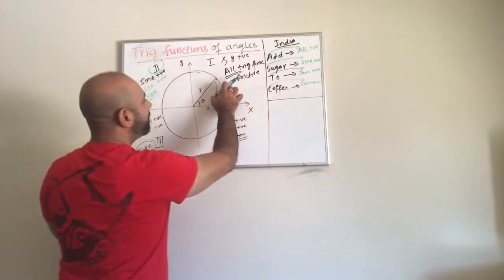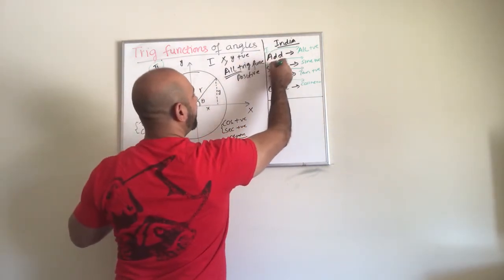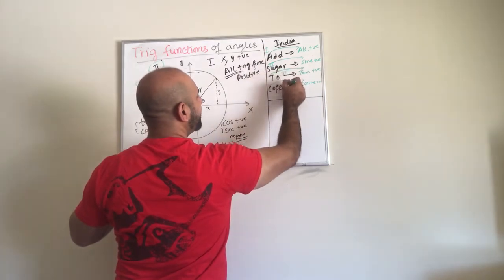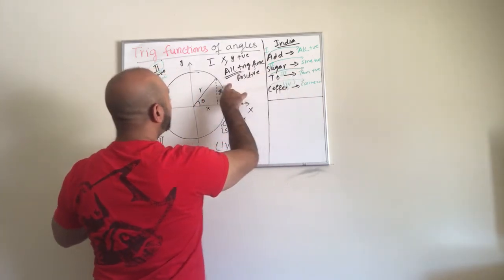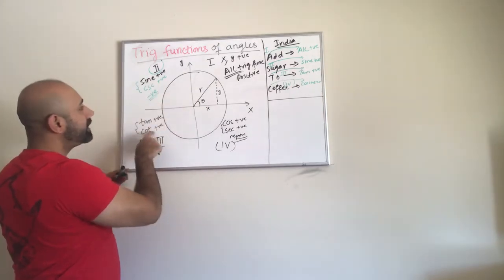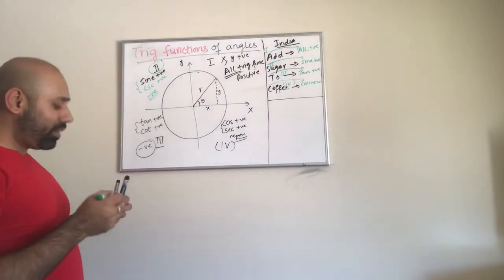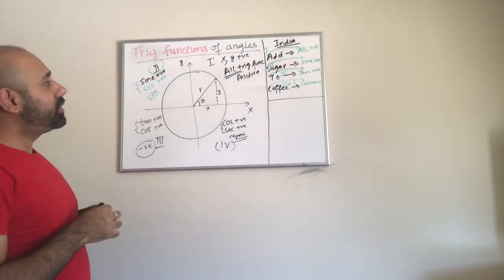In the first quadrant, all are positive. In the second, only sine is positive and its reciprocal. In the third, only tangent is positive. In the fourth, only cosine is positive.